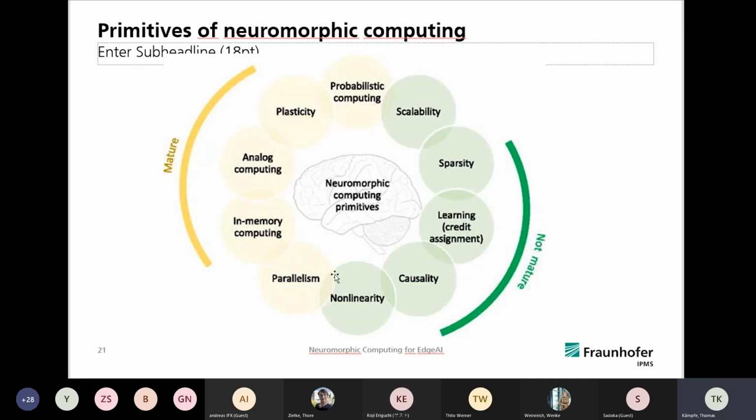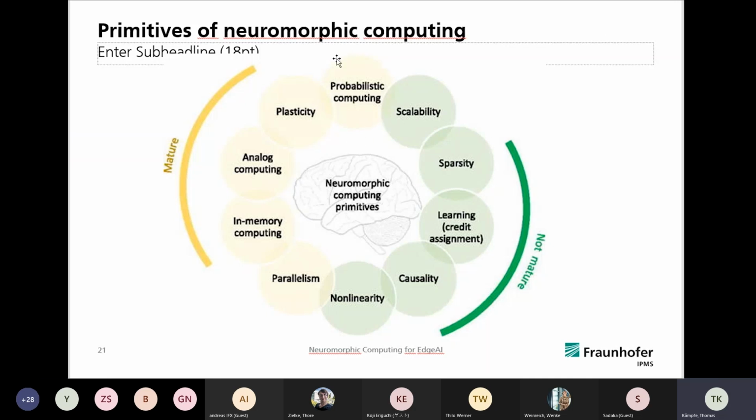We talked about parallelism, which makes in-memory computing very efficient. Having a lot of in-memory computing processing elements or crossbars, and having a very large parallelism, makes neuromorphic computing systems extremely efficient and powerful.